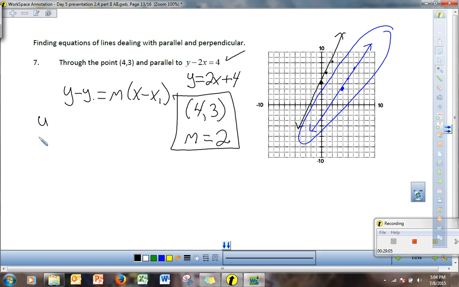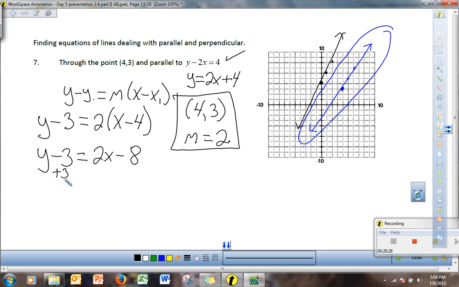Now do the exact same thing that we did last time. I'm going to go y minus my y value of 3 equal m, which is 2, times x minus my x value of 4. Now just simplify that, just like we did last time. Y minus 3 equal 2x minus 8.